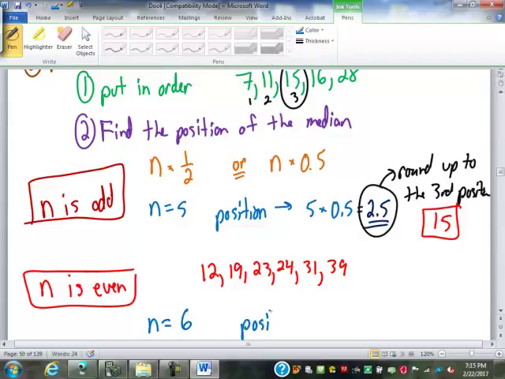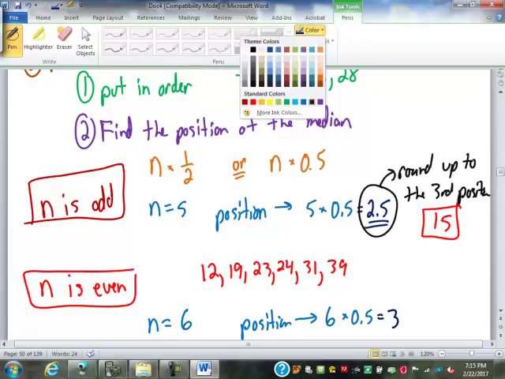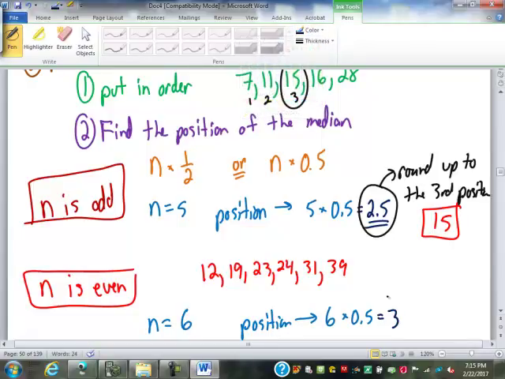So my position is found by doing 6 times 0.5, which is going to equal 3. Since that comes out to be a whole number, the position is between that position and the next, the third and the fourth position here.